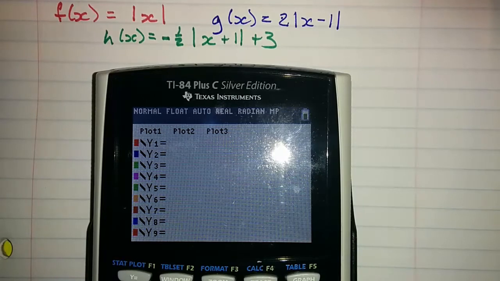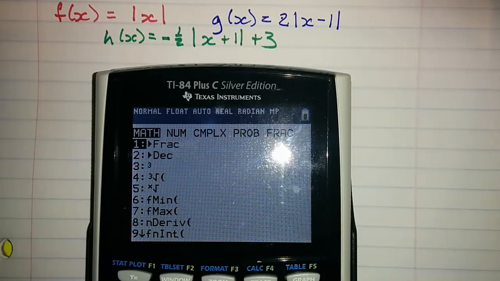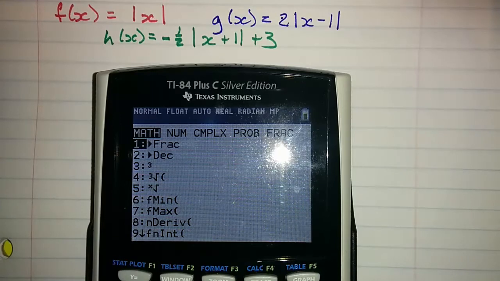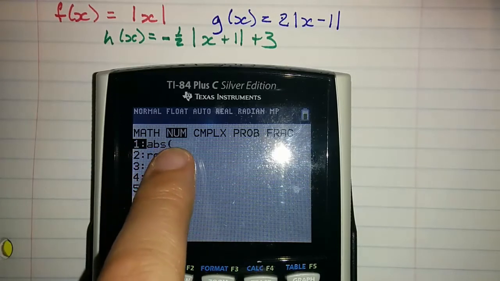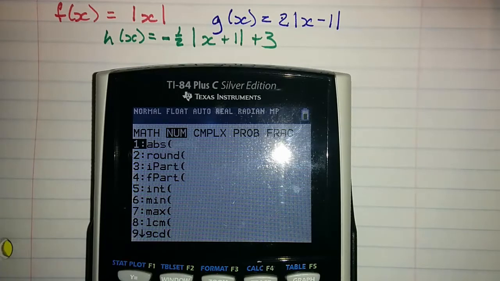So here's the question. How do I get my graphing calculator to give me an absolute value? Here's how. I'm going to hit the math key. When you hit the math key on your calculator, you should get a menu that looks like this. Now I don't want the math menu. I actually want the number menu. This does number computations.